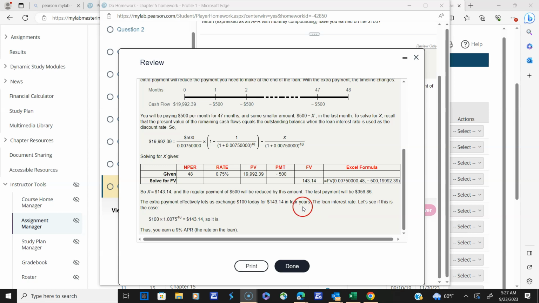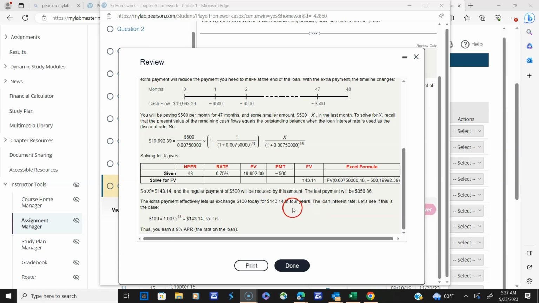All right. So if we just go through a quick calculation, basically you will see that the APR, and this is equation 5.1, right, that we did in the book. And here is 48 periods. Here's the interest rate.